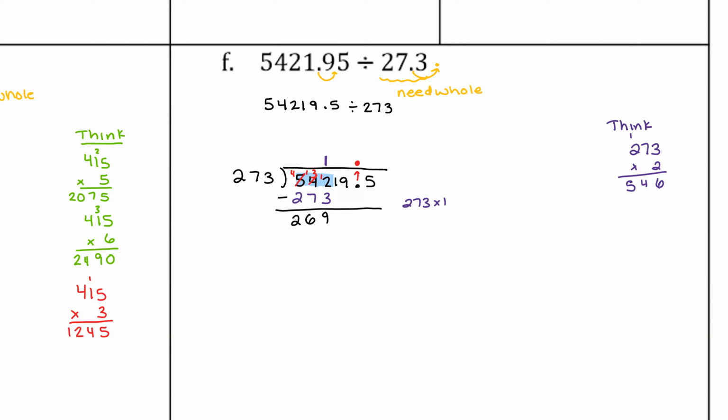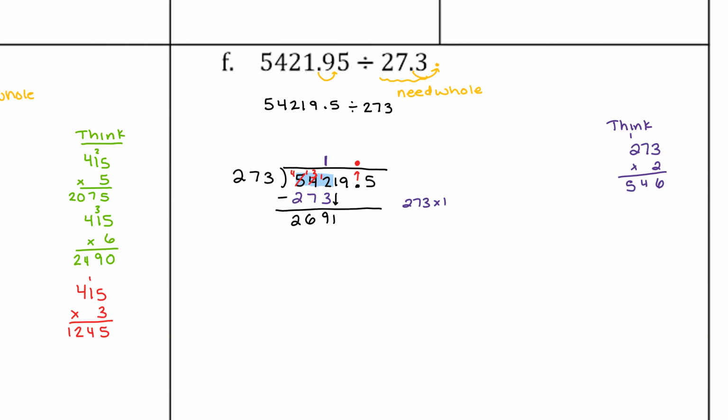So I couldn't make 273 go into 269, so what I need to do is bring down the next digit, which is a 1. So now I want to decide, what do I need to multiply 273 by to get close to 2,691.